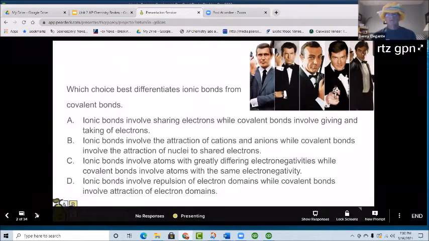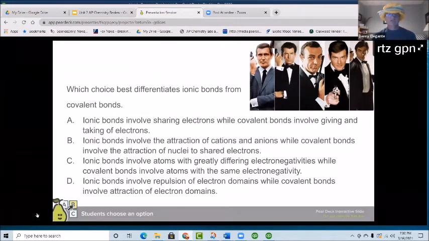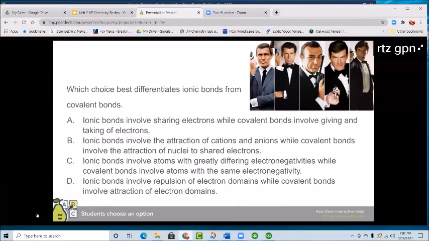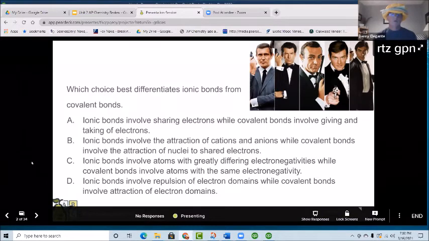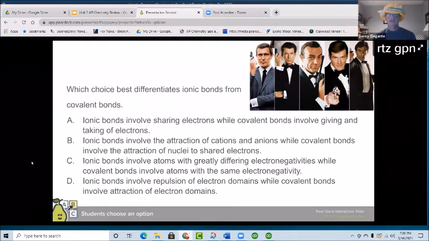So here's your first question. You get to choose an option. Which choice best differentiates ionic bonds from covalent bonds? Make sure you read each answer choice. Which choice best differentiates ionic bonds from covalent bonds?